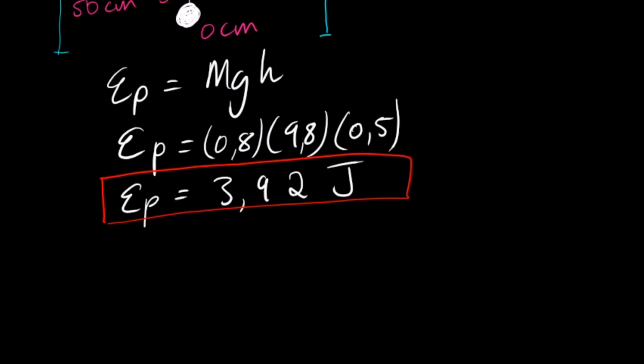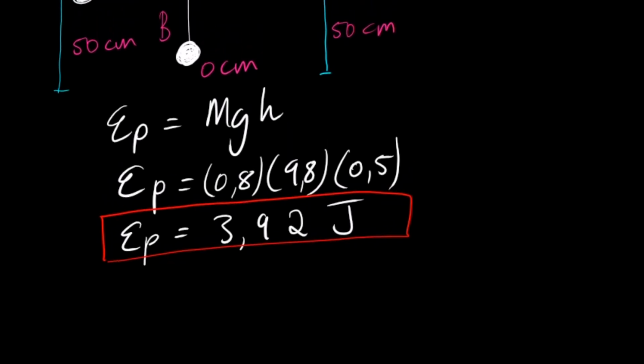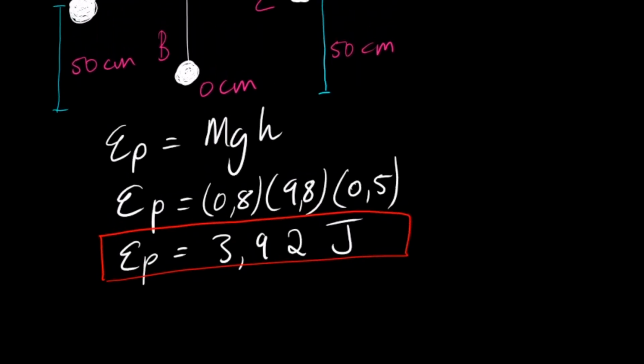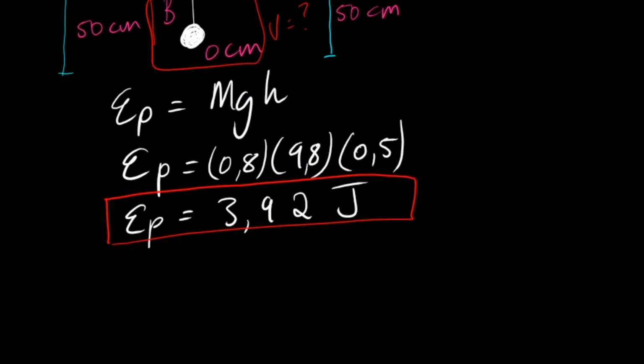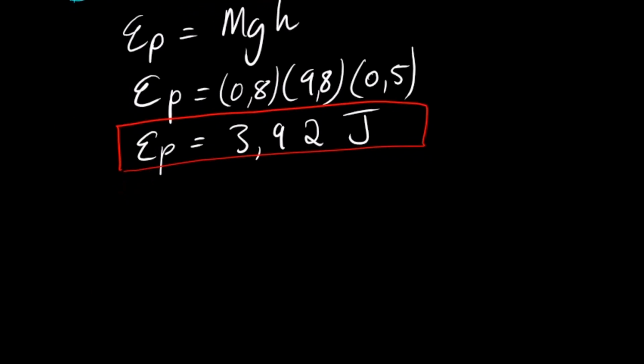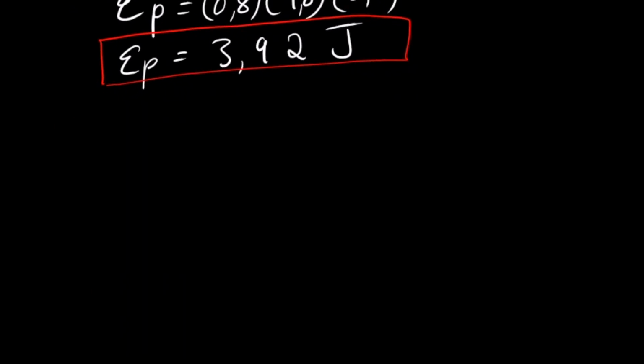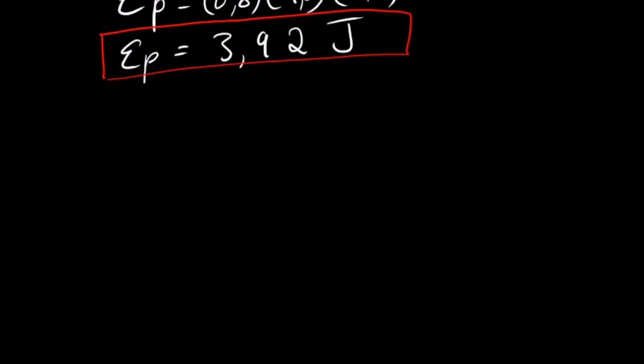Now the next question, calculate the velocity of the object at its lowest point or lowest swing, that is point B. This is the lowest point. Now we want the velocity. Now remember, energy cannot be destroyed or created.